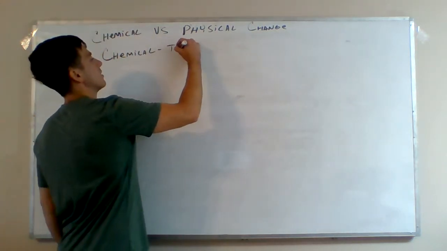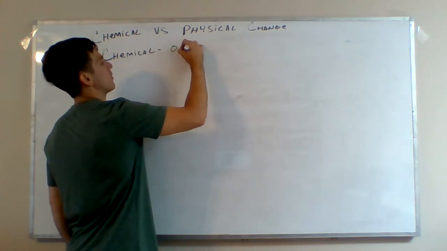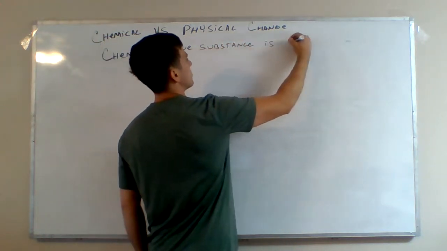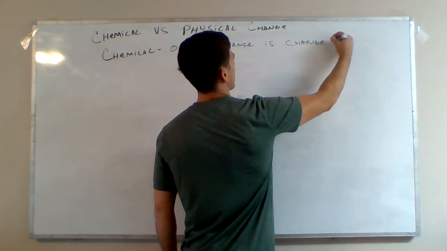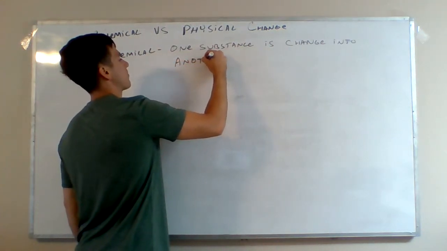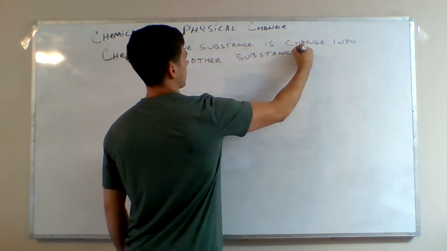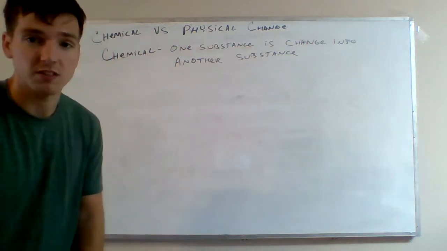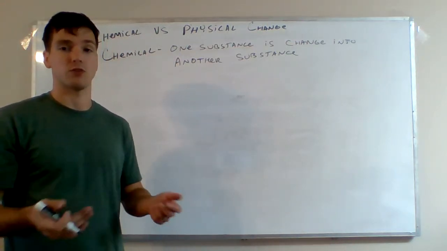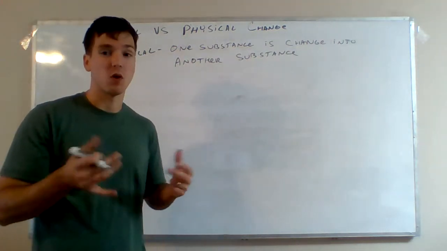Okay, so I'm going to say one substance is changed into another substance. Okay, that's like photosynthesis, right? We're turning sunlight into CO2 and glucose, okay, and into oxygen. Okay, we're breaking the chemical makeup here.